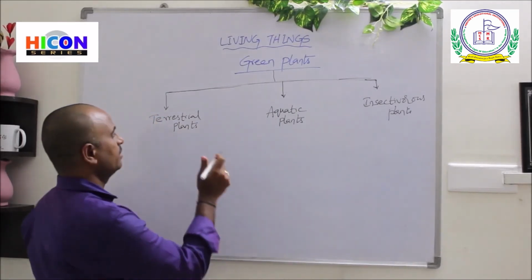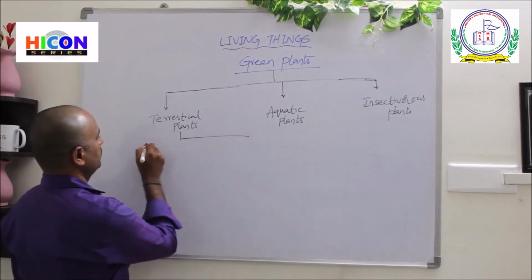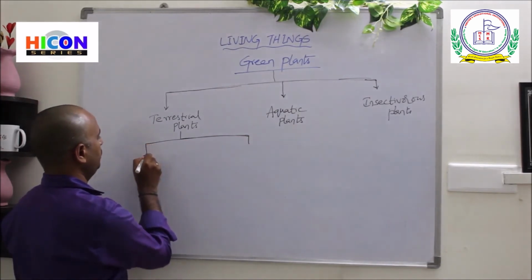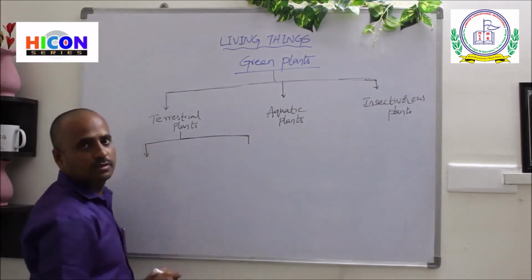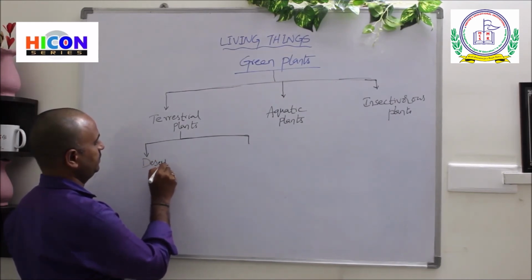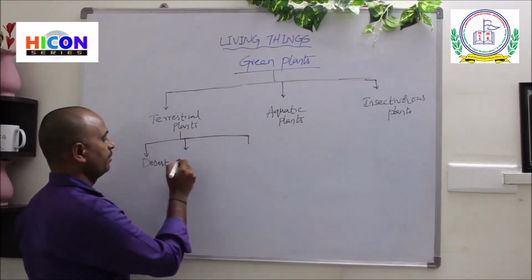So again, the terrestrial plants are divided into four types. Let us see the different kinds of terrestrial plants. The first type is desert plants, and the second type is plants of plains.